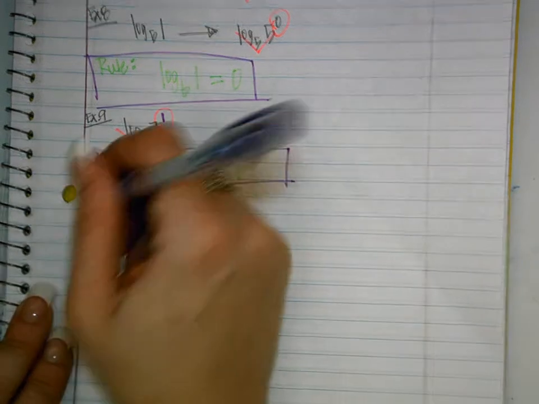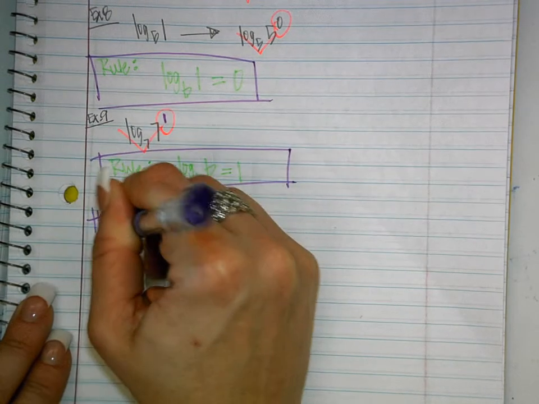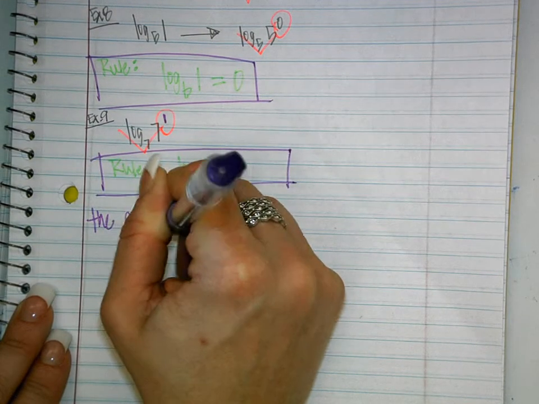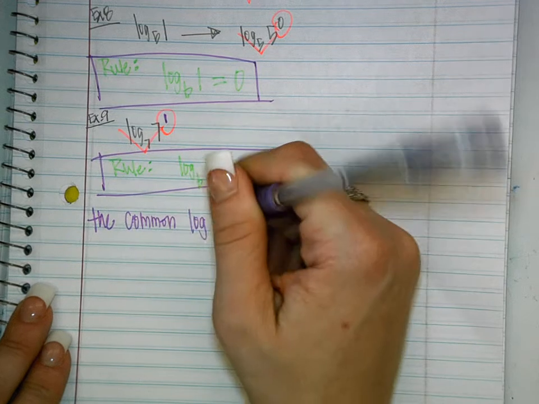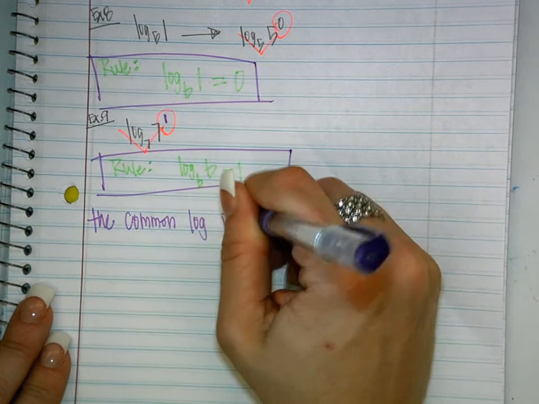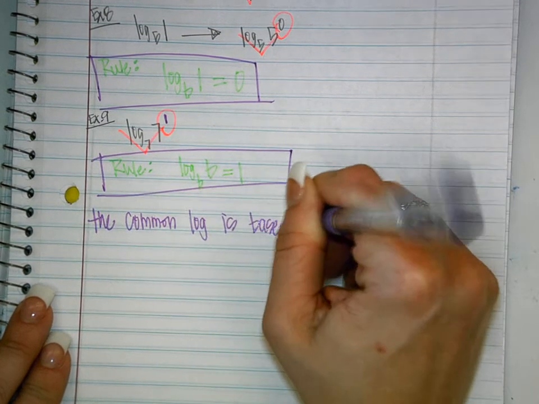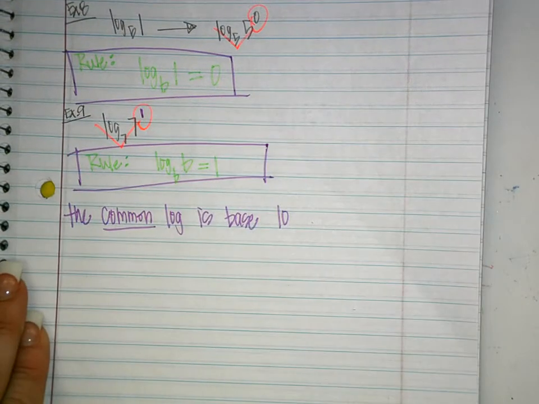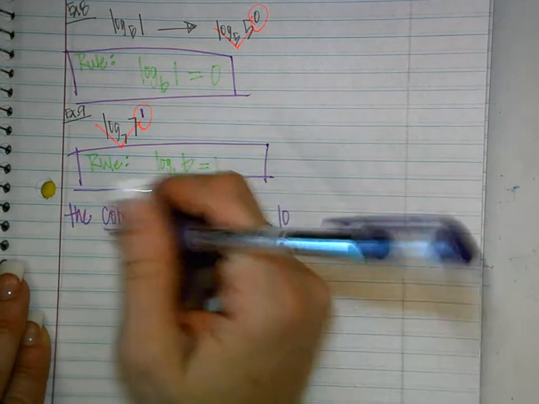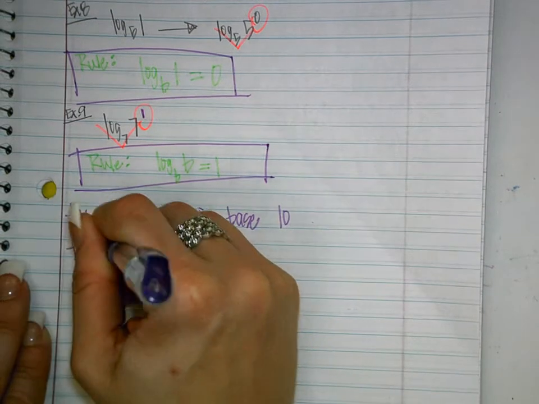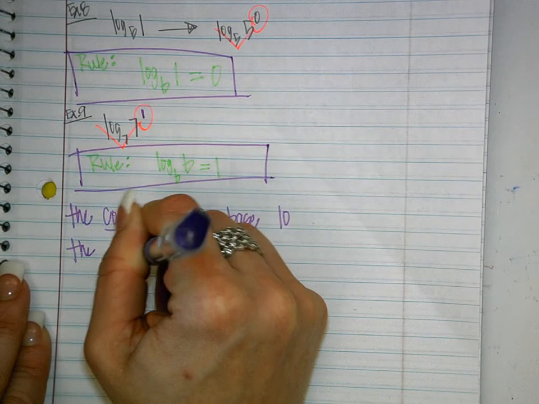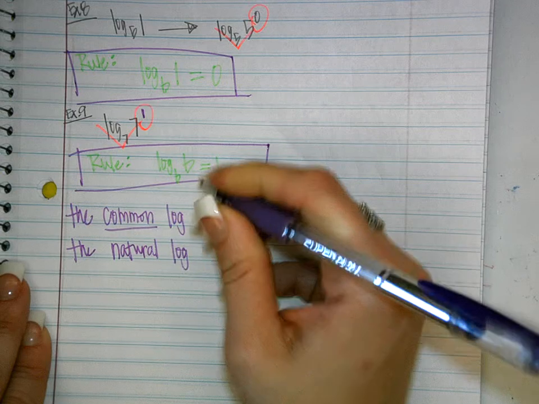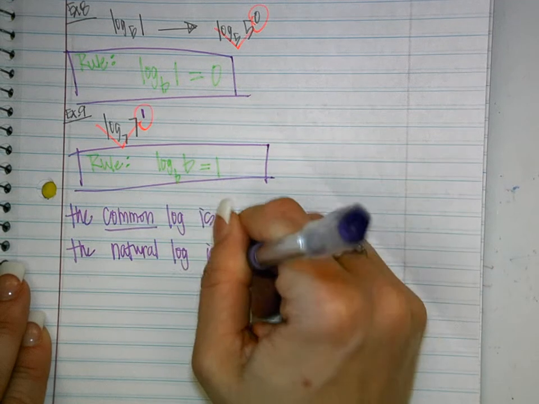Okay, like I said earlier, I apologize, these are kind of long notes. Okay, so we already decided that the common log was what? Is base 10. Okay, the common log is base 10. Okay. There's another log, though, that you need to learn about. And this is something called the natural log. Okay, the natural log is something called base e.